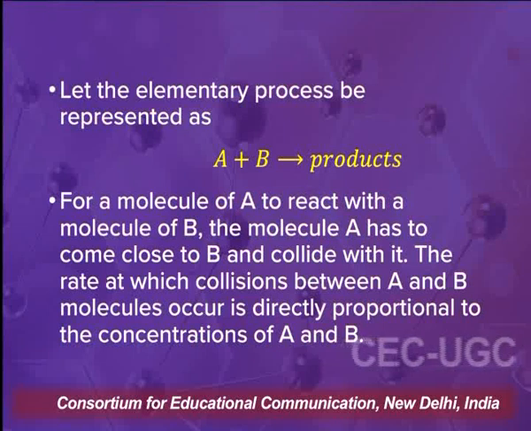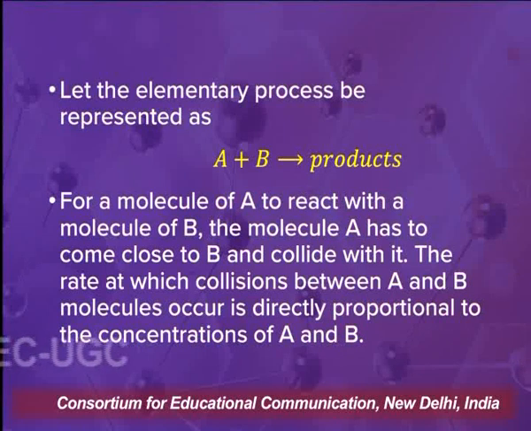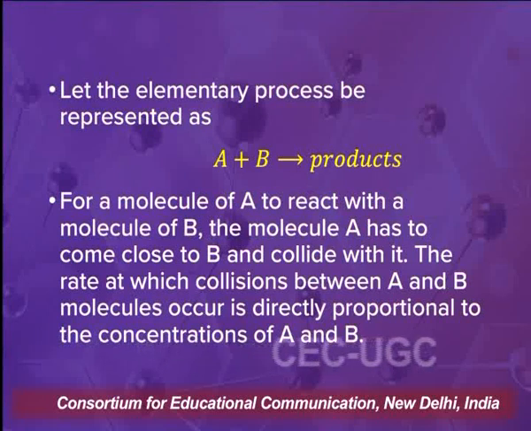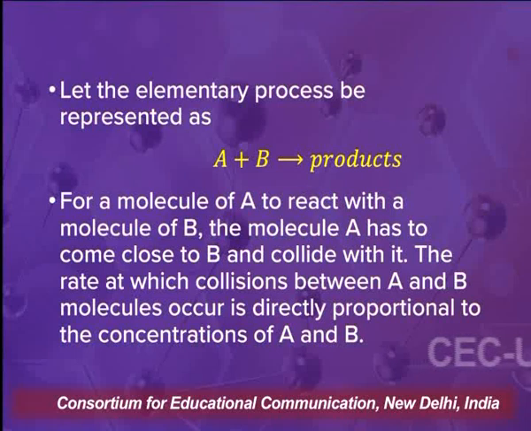Let the elementary process be represented as A plus B gives products. For a molecule of A to react with the molecule of B, the molecule A has to come close to B and collide with it at one and the same time.